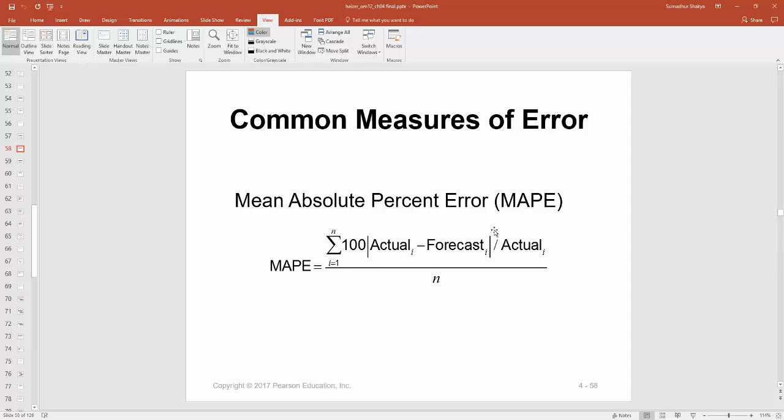Actual minus forecast divided by the actual value, and we have to represent that in percentage terms, and then we take the average of those percentages. That is why it is called mean of absolute percentage error. So first we calculate the percentage error in absolute form, and then we take the mean of it.